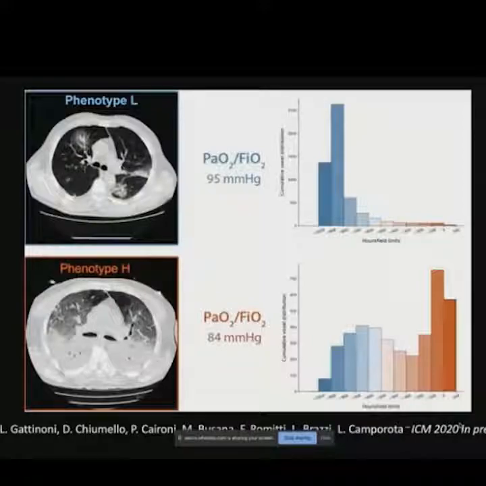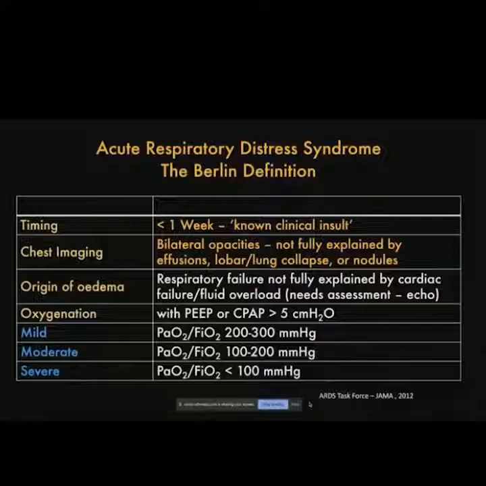And the reason why he also believed that the Berlin definition of ARDS for these patients might not exactly fit is because some patients have a hyperacute phase in which they do present within less than 1 week. But other times, these patients could also come in with a clinical insult that is biphasic, essentially saying that it might take them longer than 1 week to fully present in an ARDS-like state.